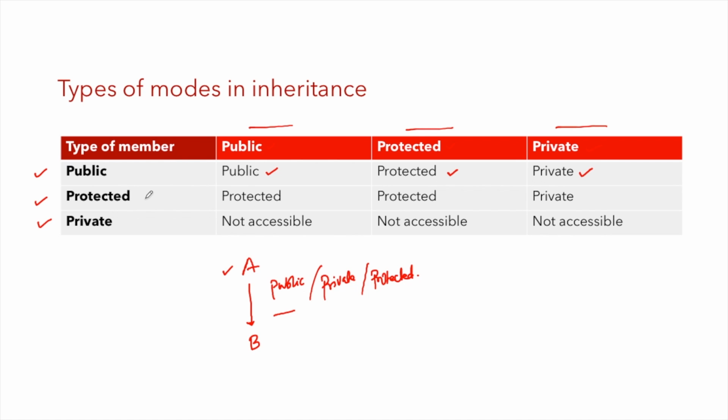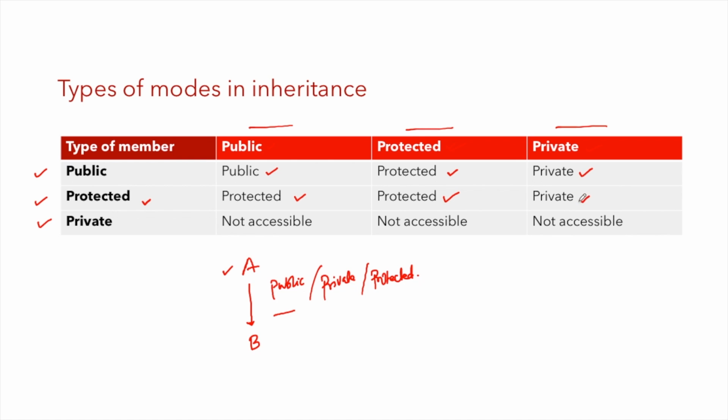And then, assuming that your base class has protected data members, in case of public mode of inheritance the protected member still remains protected, and even with protected as the mode of inheritance, the protected member will remain protected in your derived class.